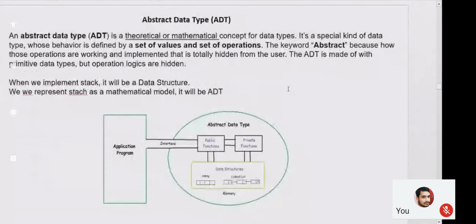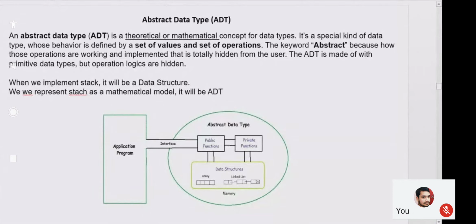Next. Okay, so here, this is the figure. Just follow this figure. Here, this is the public function and this is the private function. I will discuss what public function is, what private function is. The stack or queue can be implemented either by array or by linked list, but the user only interacts with it through the public functions.